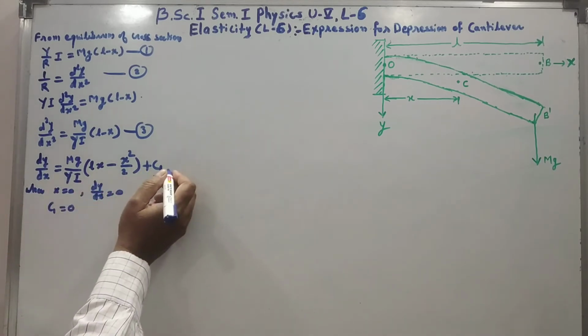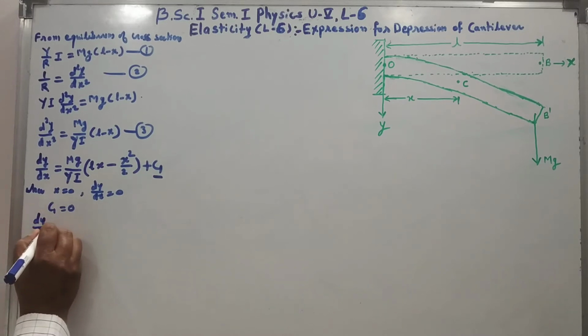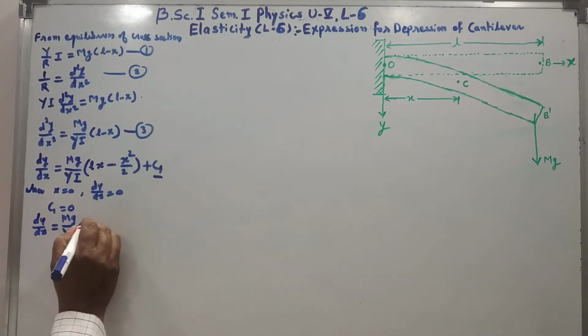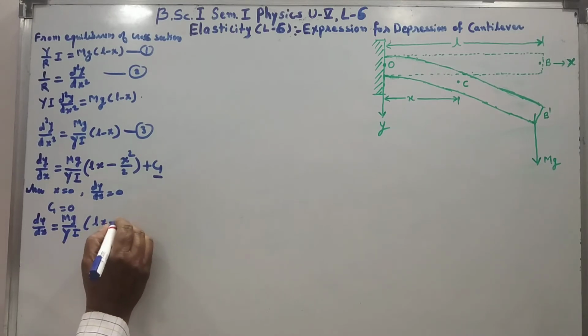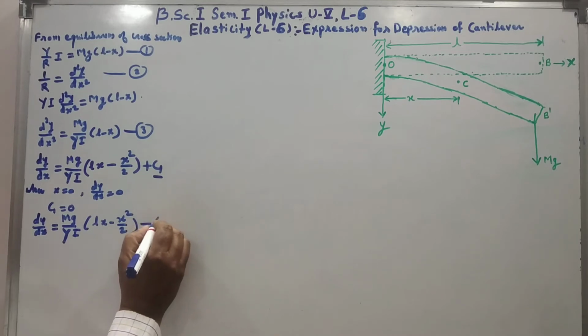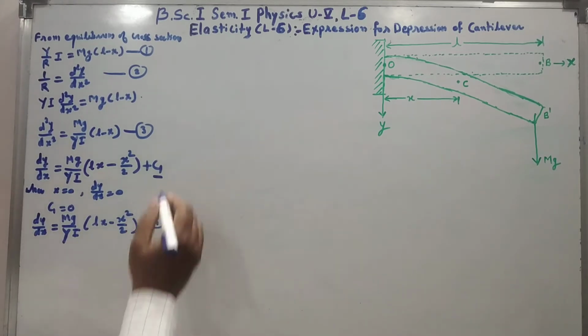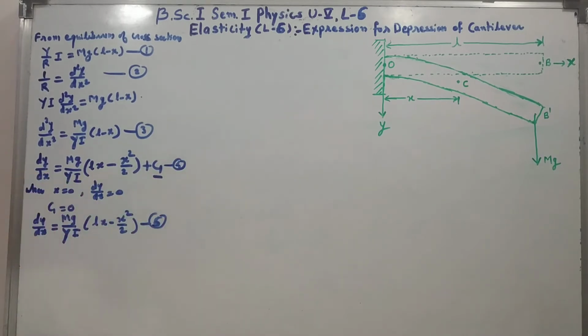Therefore this equation becomes dy by dx is equal to Mg upon YI into (Lx minus x square by 2). This is equation number 4, and say this is equation number 5.